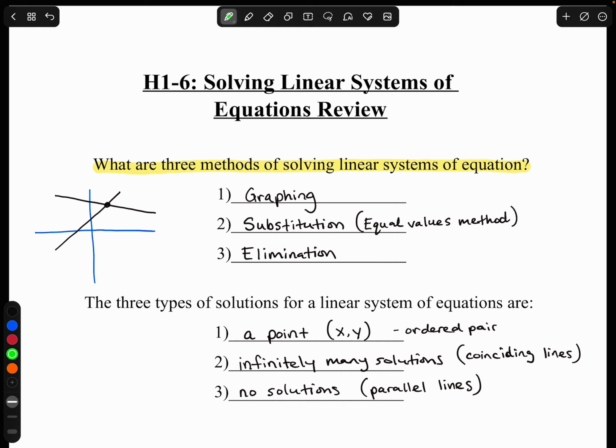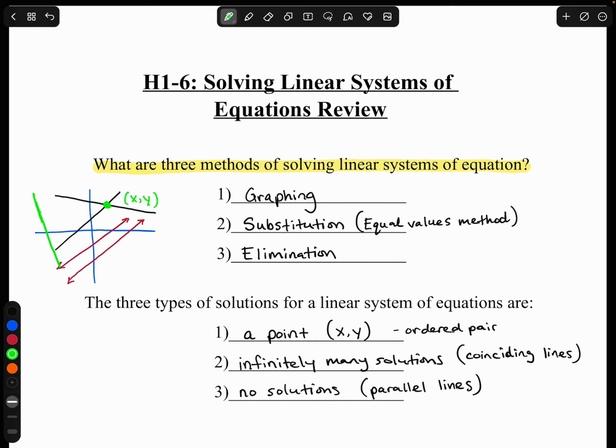So real quick here, we can kind of review those. An example of when we have just a point: if we look up at that graph I just drew above, we have two lines that cross right there, and that ordered pair, x comma y, would be the solution. If we had two lines that just never intersected, that was option number 3, no solutions, because the lines are parallel to each other.